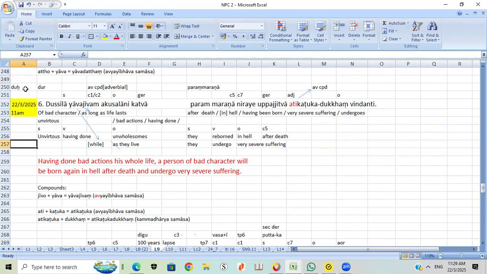So this one, Sanskrit is DUH. So in Sanskrit it's duhkha, whereas your Pali is dukkha.